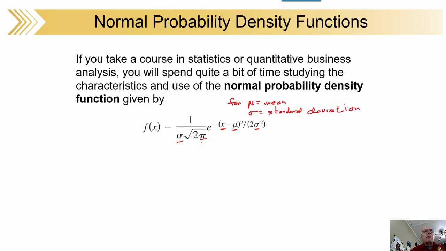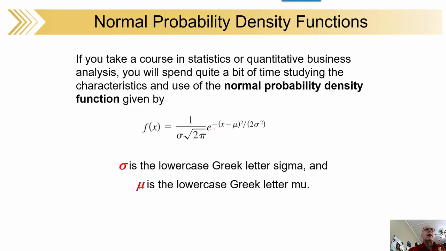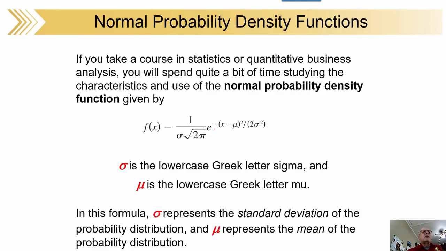You probably wouldn't be thrilled to do some calculus with this. However, remember, you've got constants all the way through this. This is the only variable. So it's not really that bad. I'm not expecting you to do this either. Just take a look at it. Sigma is the lowercase Greek letter sigma, by the way, in case you're a Greek, for example. Mu is the lowercase Greek letter mu. Sigma is the standard deviation, mu is the mean.